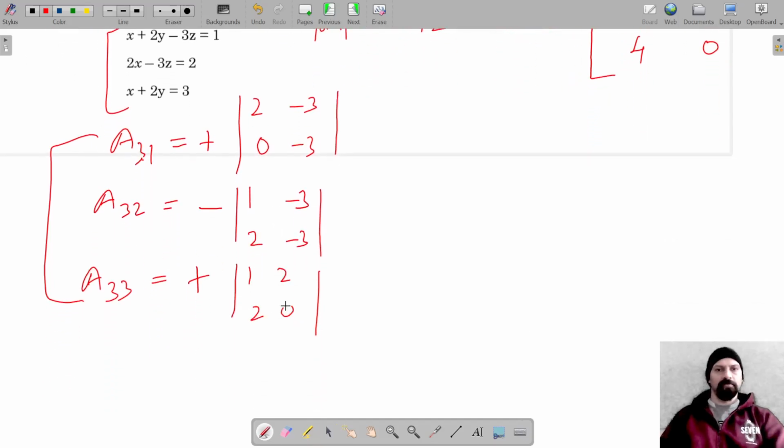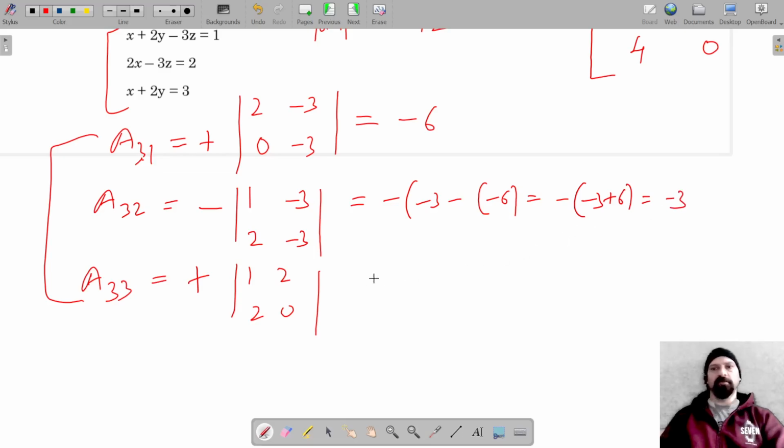Now negative of this is -6, because 0 into 3 is 0. This is negative of -3 minus of -6, which gives me -3 plus 6, which is equal to 3.